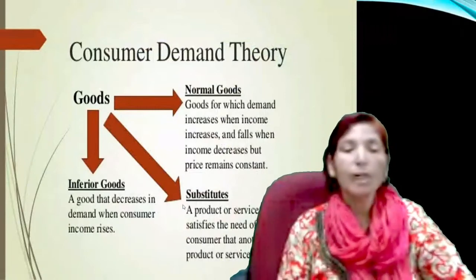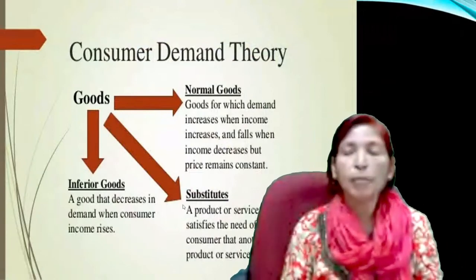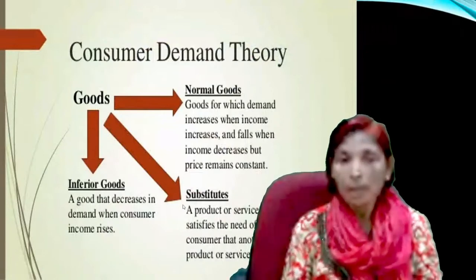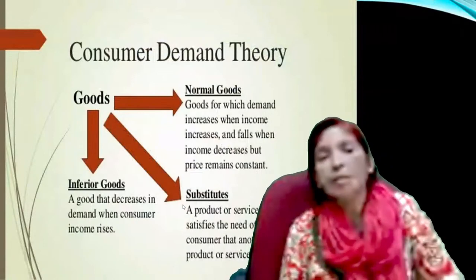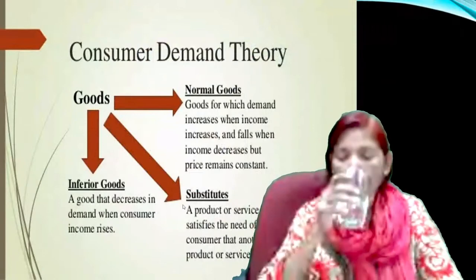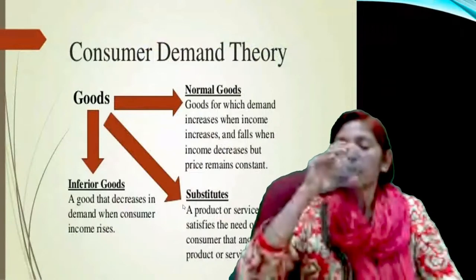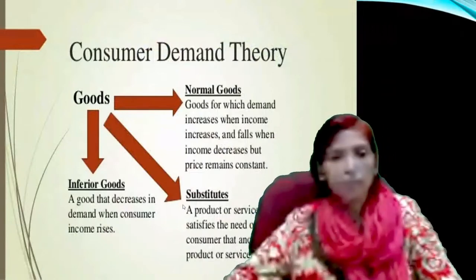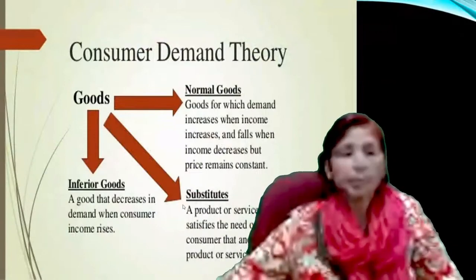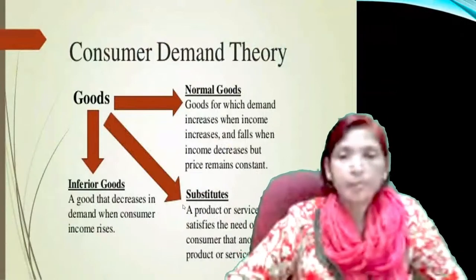So if goods are inferior or lower quality products, as consumer income rises, demand for inferior goods falls. There is a negative relationship between income of the consumer and demand for inferior goods.